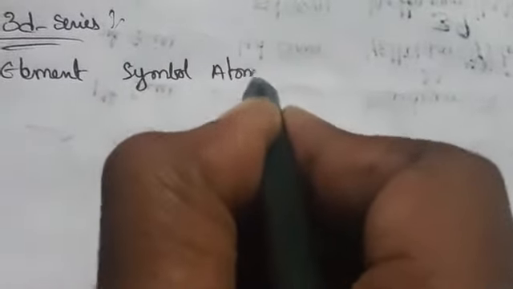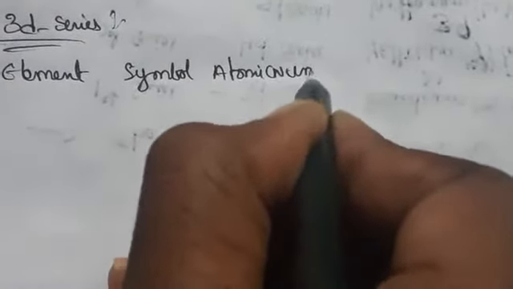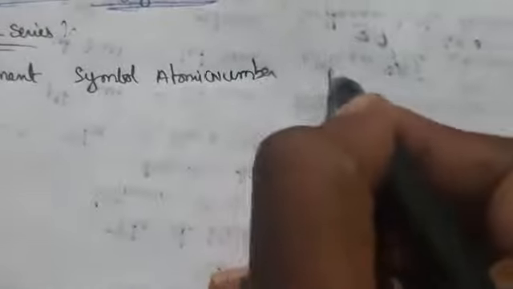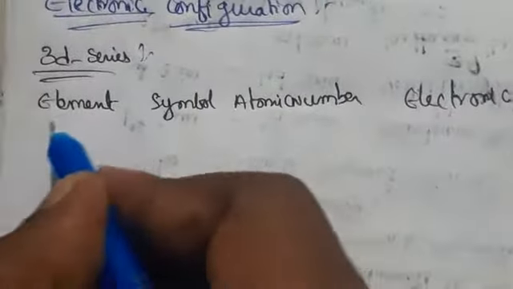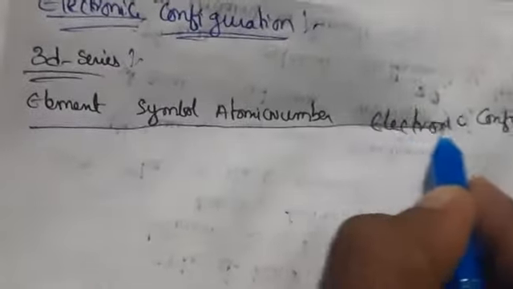In the 3d series, let us write the element, symbol, atomic number and electronic configuration. Let us see the 3d series elements first.